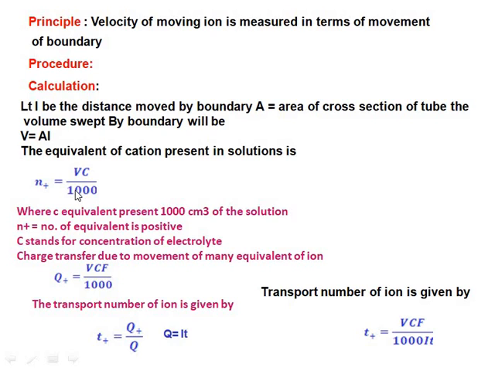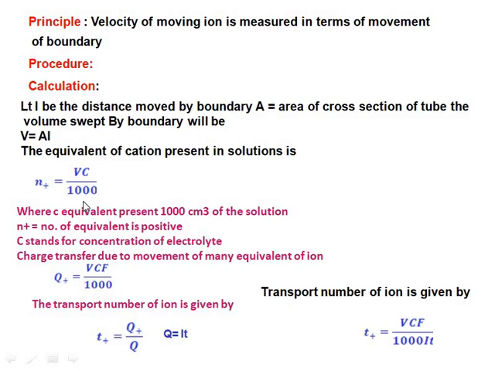C is the equivalents present in 1000 cm cube of the solution. n plus is the number of equivalents of the positive ions present in the solution. C stands for the concentration of the electrolyte.